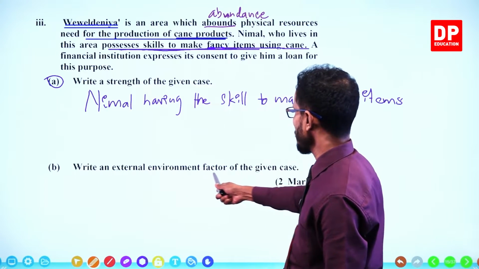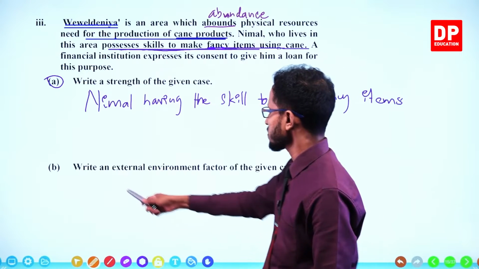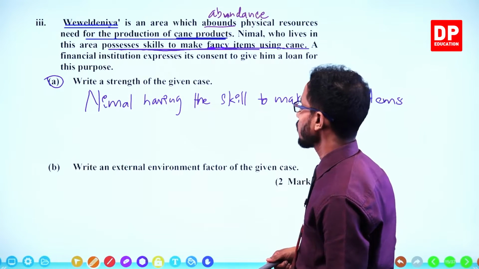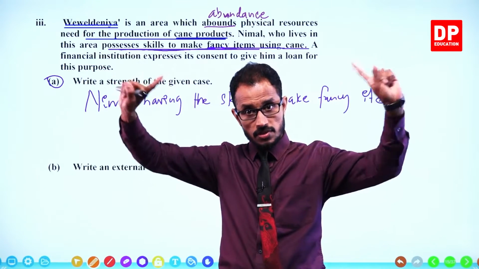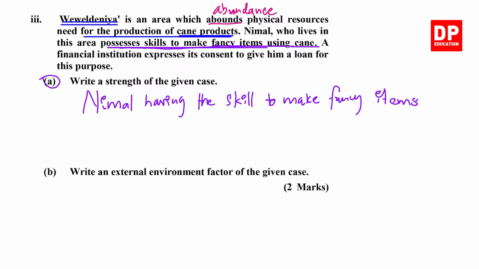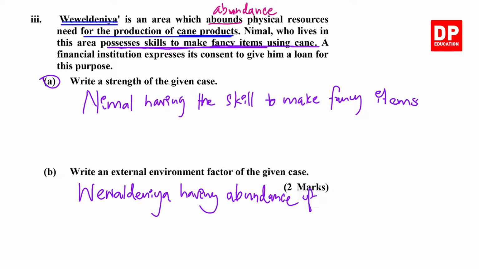Write an external environmental factor of the given case. Write an external environmental factor. Okay, external environmental factor. External, outside the business, in the outer world. Valdenia having abundance of resources.